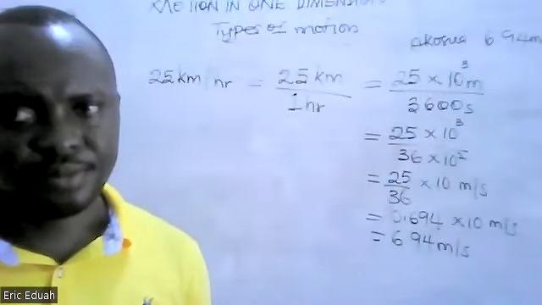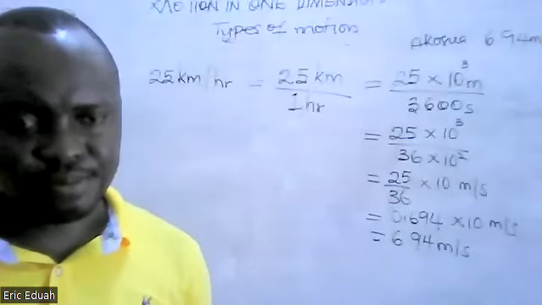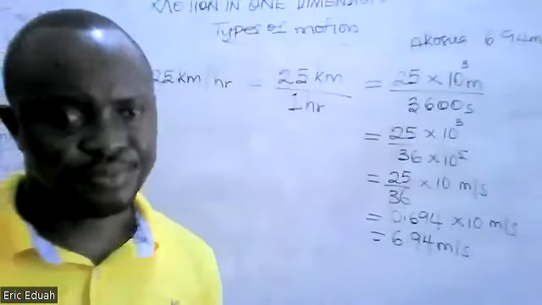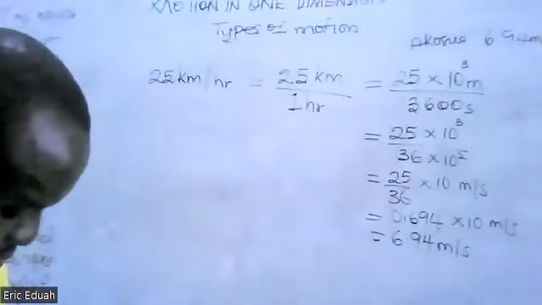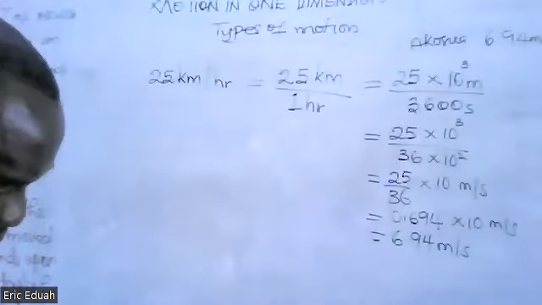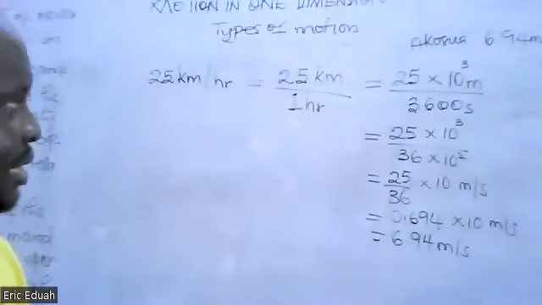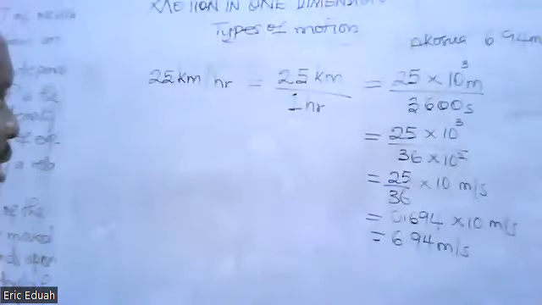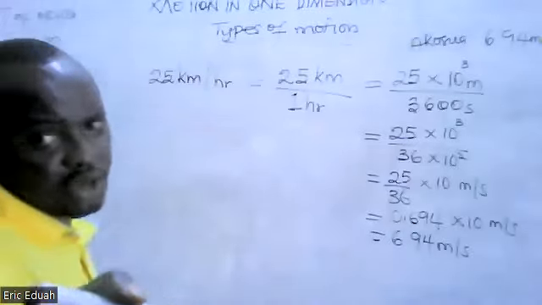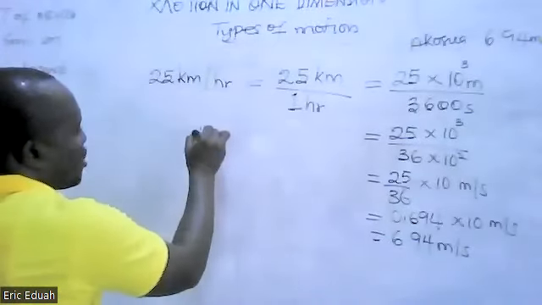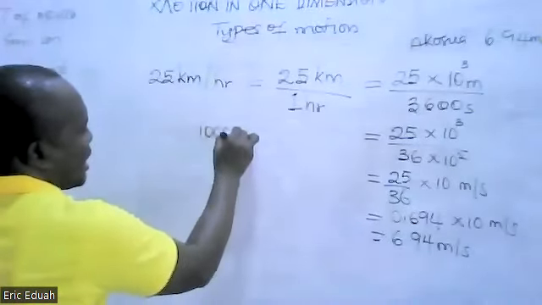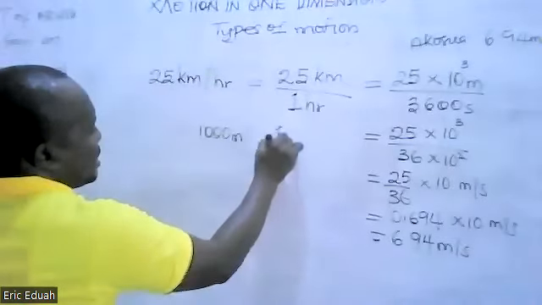Mr. Ja, when you're solving it, is it compulsory to do it like this, like 10 exponents? Is that how we are expected to do it? That is one way. You can also use your method. I'm sure this is your method because 1,000 meter is to 1 kilometer.